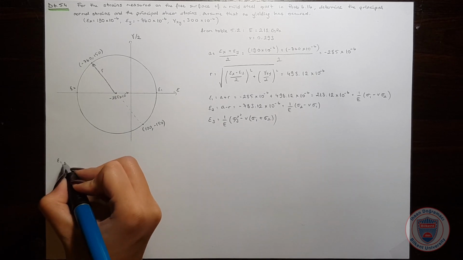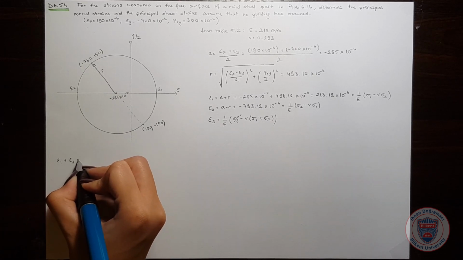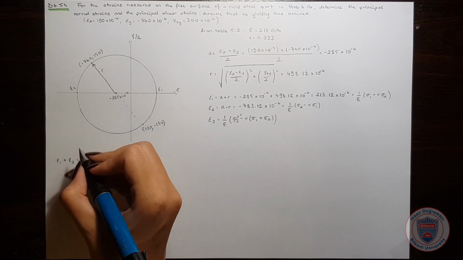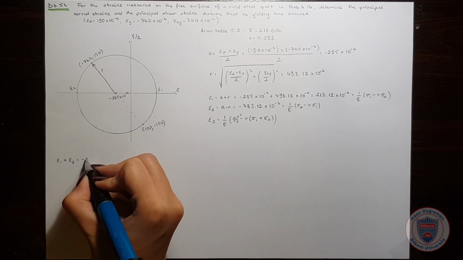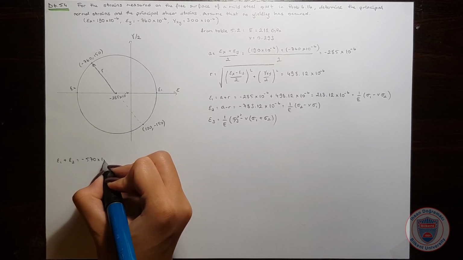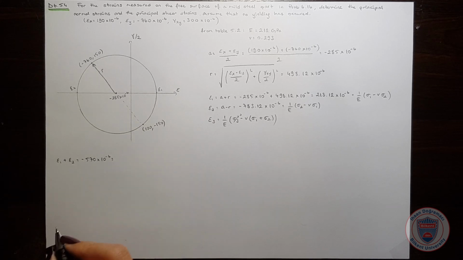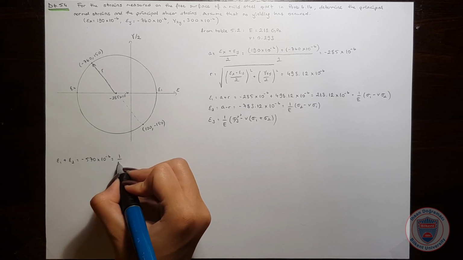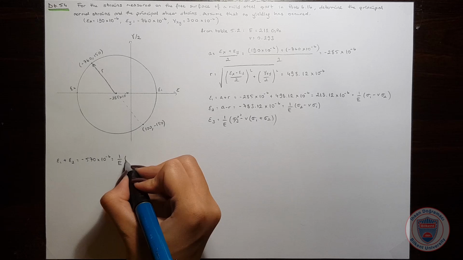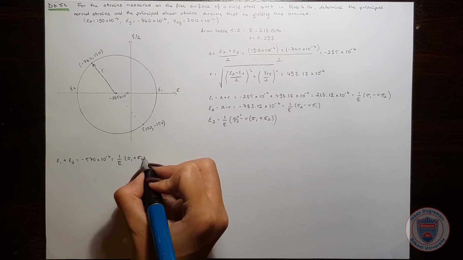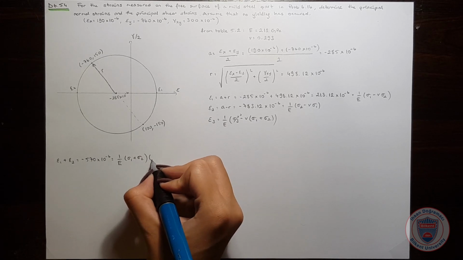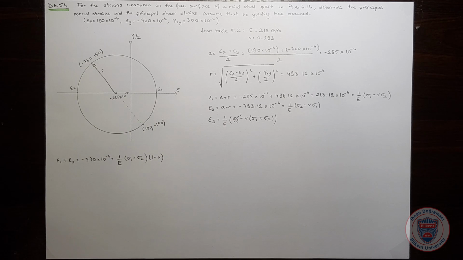Let's do the calculations here. This will be minus 570 times 10 to the power of minus 6, and it will be equal to 1 over E times sigma 1 plus sigma 2 times 1 minus Poisson's ratio.